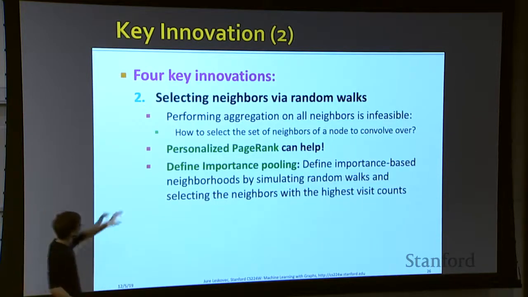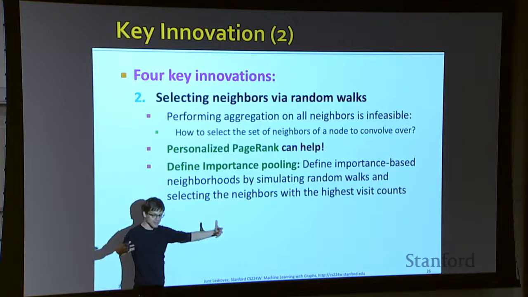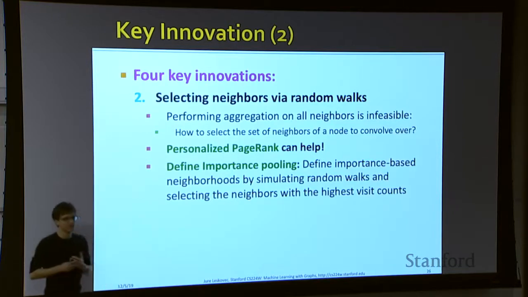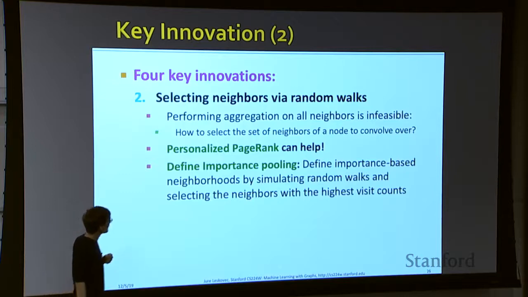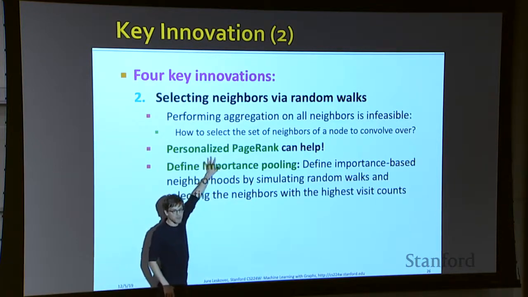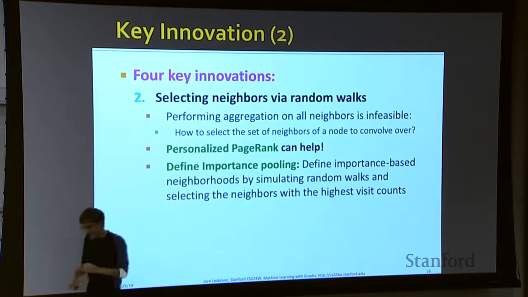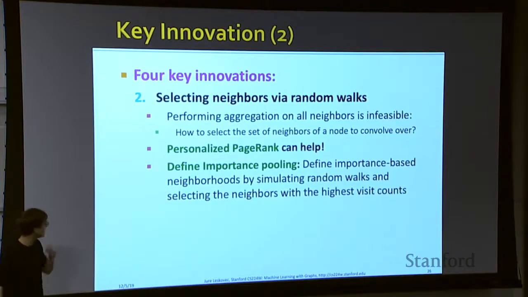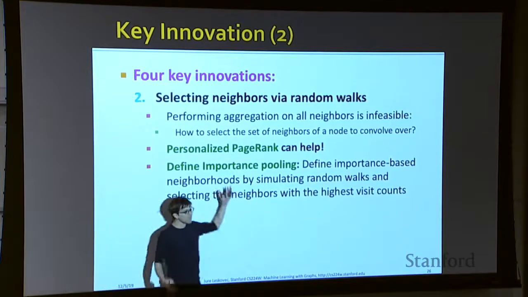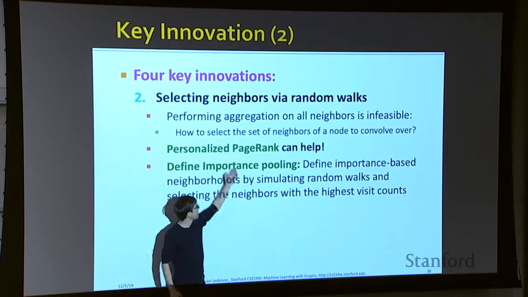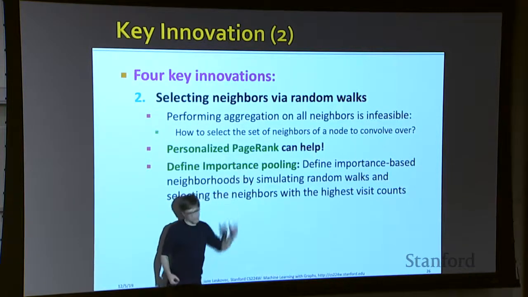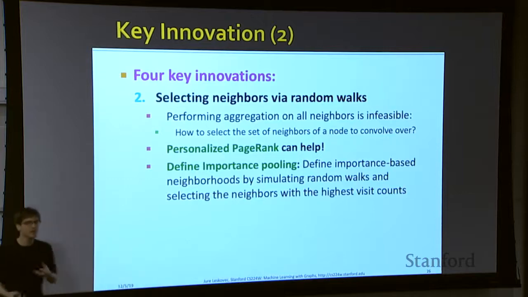We want to somehow intelligently select what neighbors we are going to aggregate from, so that we don't aggregate from all the neighbors in the graph. And the way we will do this is that we will use PageRank to identify what are the most important neighbors to aggregate. And when we aggregate, we won't aggregate by just averaging or summing up the signal from the neighbors, but we will use these PageRank scores to do this in a weighted manner.